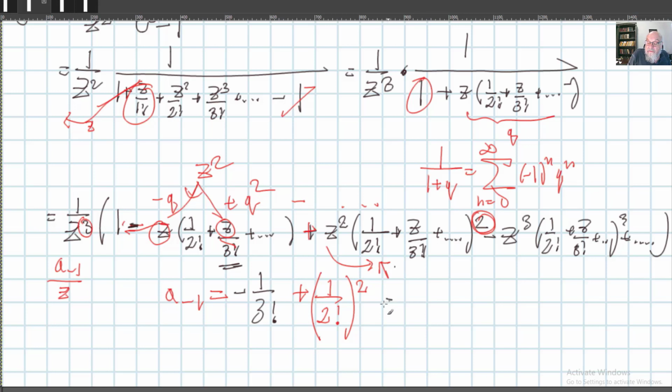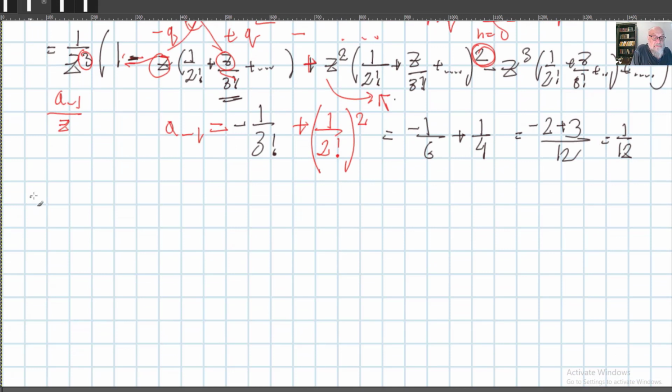So that's coming from here. And then you simplify it. This is minus 1/6, and this is plus 1/4. So this one is equal to minus 2 plus 3 over 12, which is 1/12, and we can write the answer.